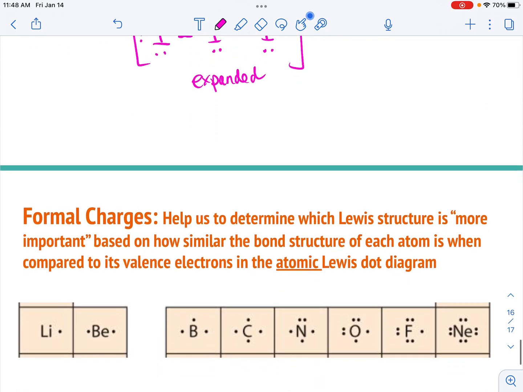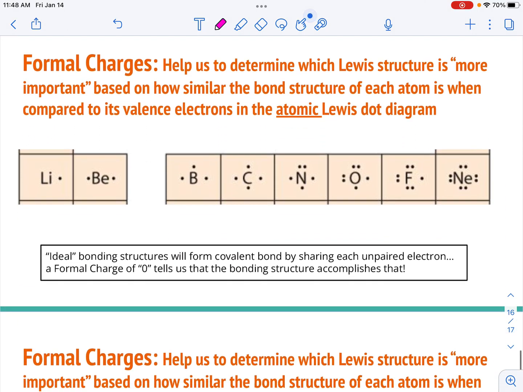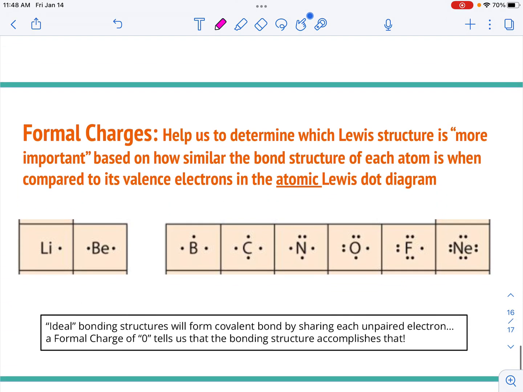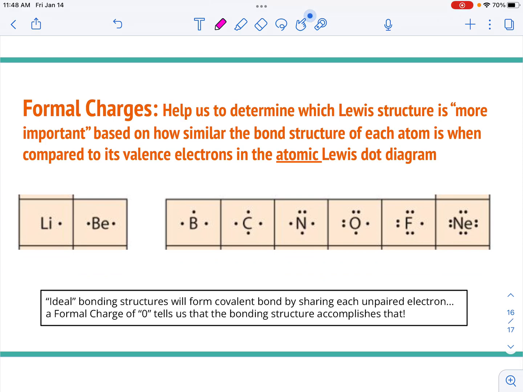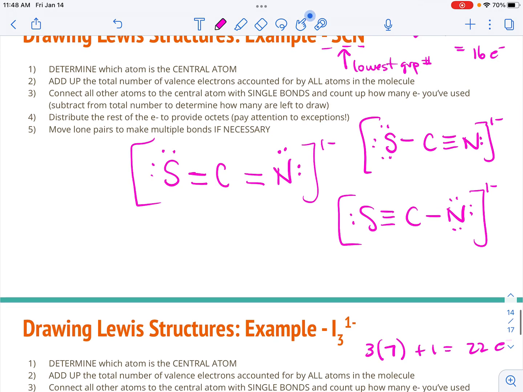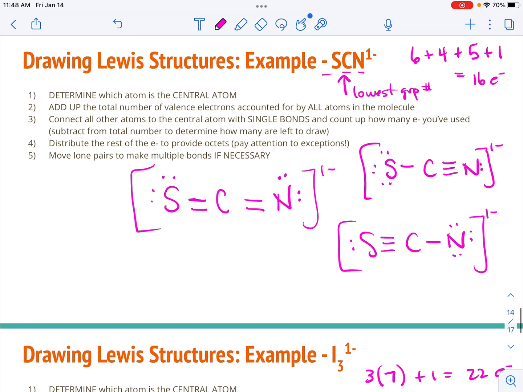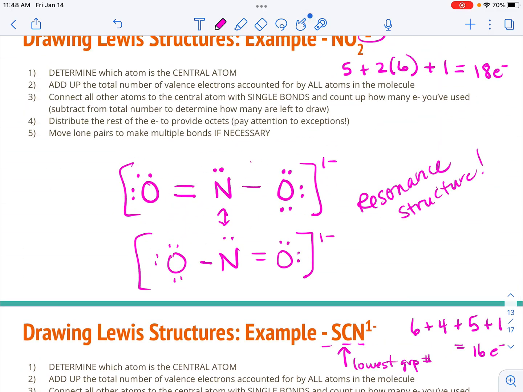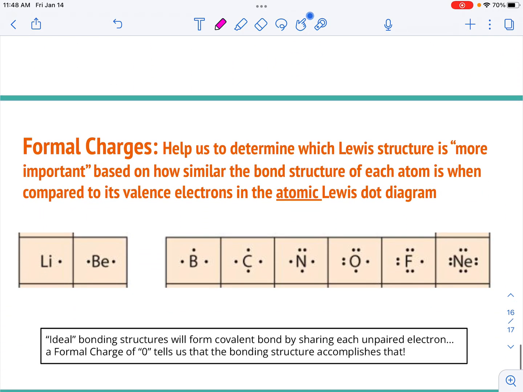Okay, so this is like the basics of drawing Lewis structures. The only thing that I have left to talk about with you is something called formal charge, which you already read about. But this is basically the idea of helping us evaluate, in a situation like thiocyanate, when there's more than one option and they're not all equivalent, because up here they were equivalent, okay, then formal charge helps me to decide which is the most important of those structures, right?